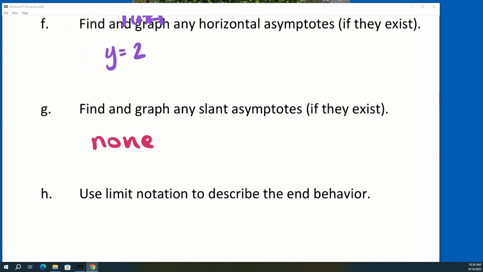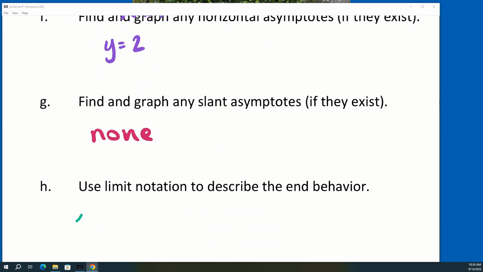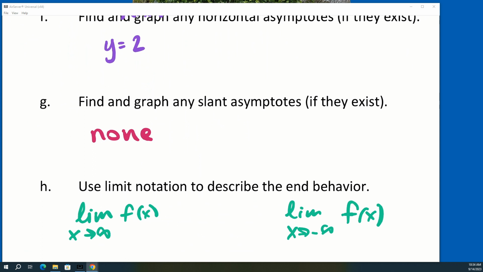All right, and then the limit notation for the end behavior, we did learn that yesterday. So the end behavior is going to be the limit when x approaches infinity and when x approaches negative infinity of f of x.